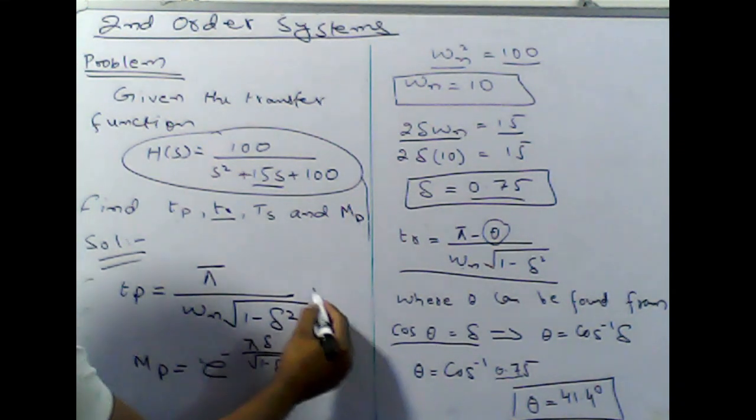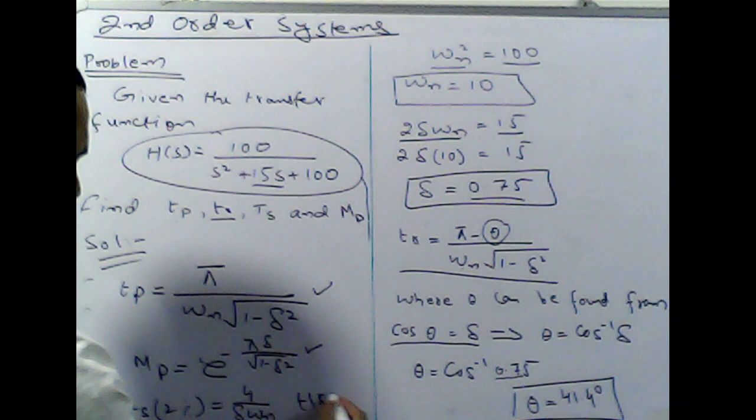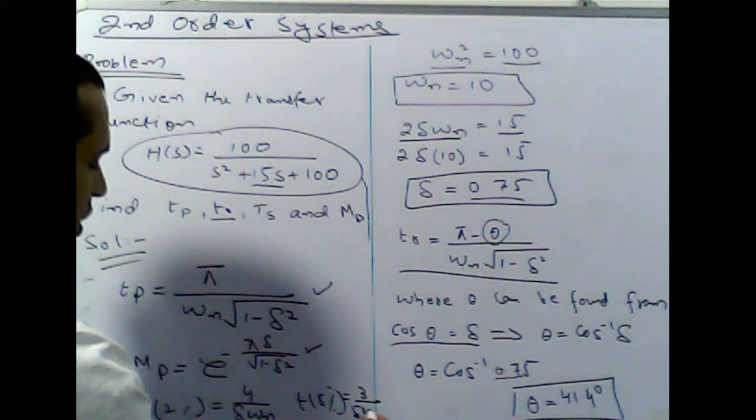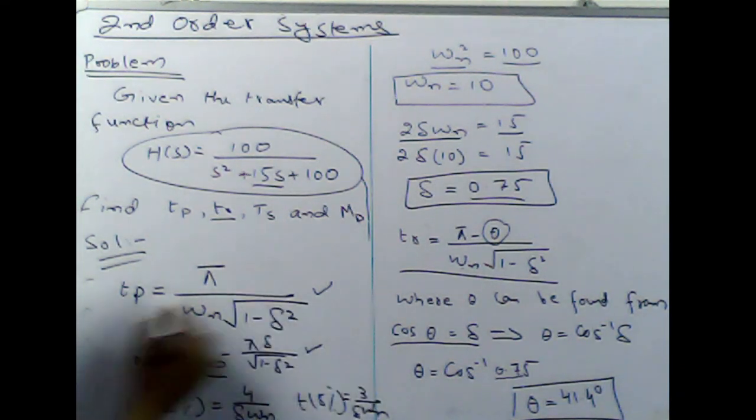So you have to find out Tp, Mp, and then the settling time, which is equal to 4 upon zeta omega n, okay, and 3 upon zeta omega n.